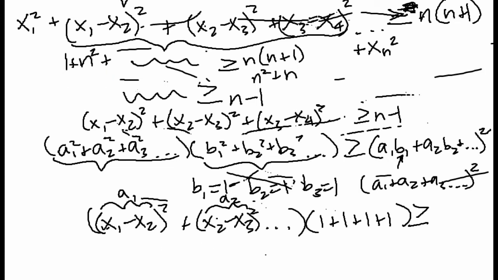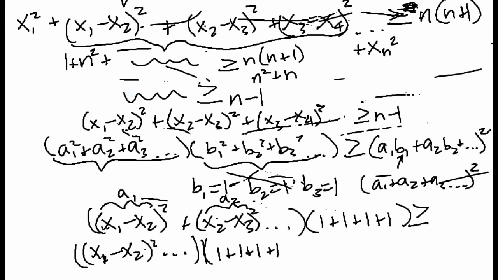And what happens when you add them together? Well, they cancel out really nicely. So you get x1 minus x2 squared times a bunch of 1s, for each term, for each a in here, there's a 1 in here, is greater than or equal to x1 minus x2 plus x2 minus x3 plus x3, and guess what?